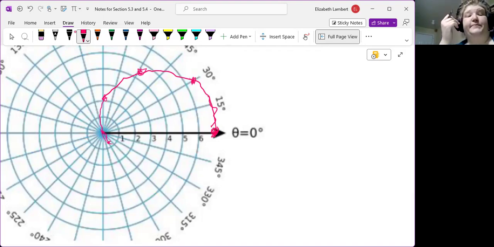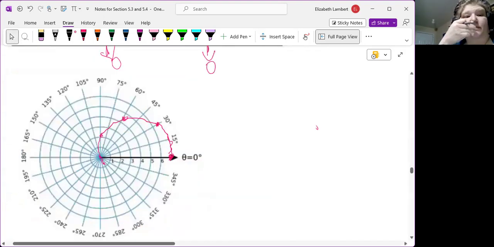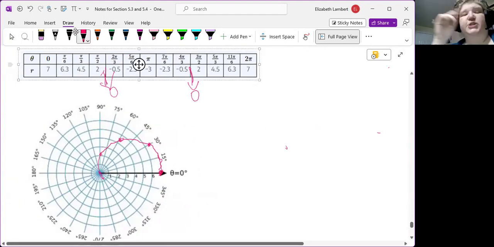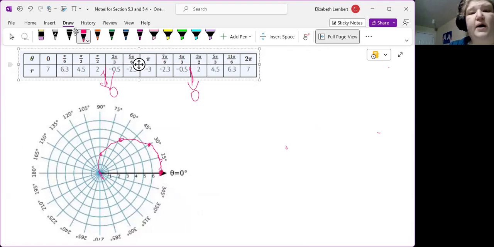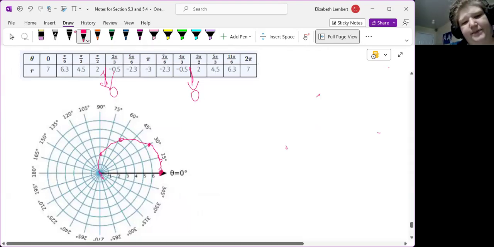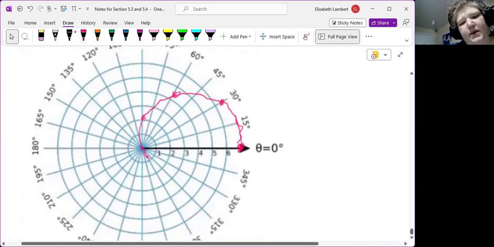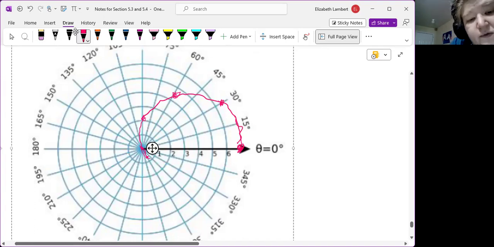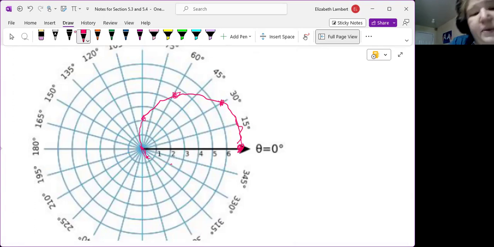All right. So now at 5 pi over 6, which is 150, we are at negative 2.3. So at 150 we're negative, so that's 330, and negative 2.3 will be about there.